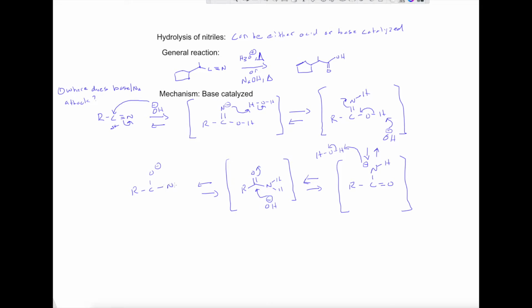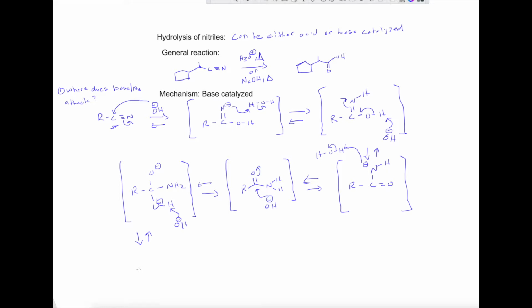So we end up with this guy, and now we end up with a little bit of a conundrum here, and we have this OH down here at the bottom. Now we're under strongly basic conditions, so we have a lot of base in solution, right? And so what's going to happen is that in order to drive this reaction forward, the base is going to come and deprotonate the OH that we have there.